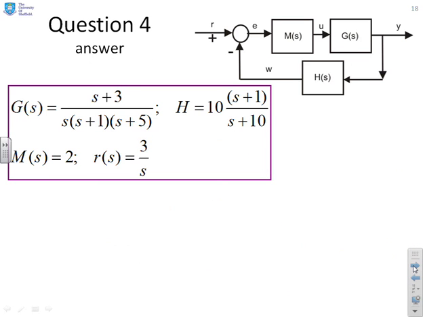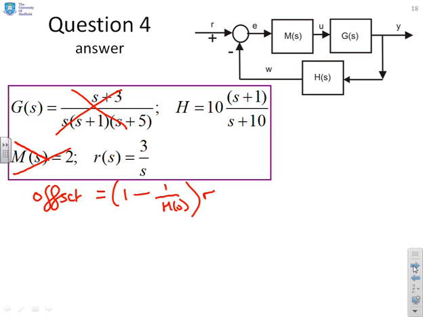Okay, so let's just write that formula down so we don't lose it. The offset is given by (1 - 1/H(0)) r. And you'll notice here we've not done anything with G because it's got an integrator, it's no longer relevant. We've not done anything with M, it's no longer relevant. In fact, the only thing that we need is this H. Of course you need the G and M to ensure that you're closed loop stable, but in this particular case you're given that information.